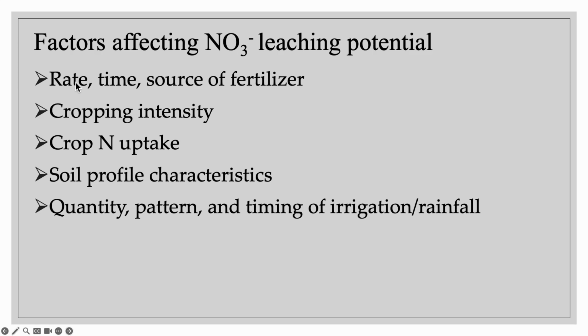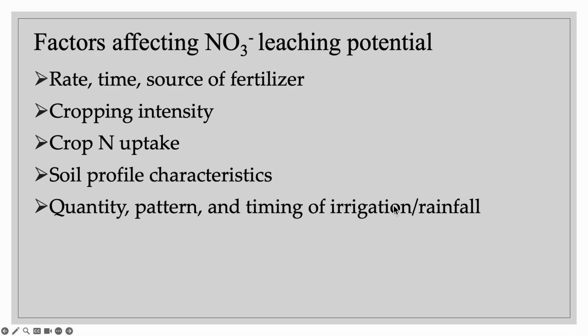Here we have for our nutrient stewardship: how much fertilizer we're applying, when we apply it, and the source of that fertilizer. And the next things that influence that are how much the crop actually takes up, and how much nitrate is left in that soil, or even ammonium, that could potentially be leached.